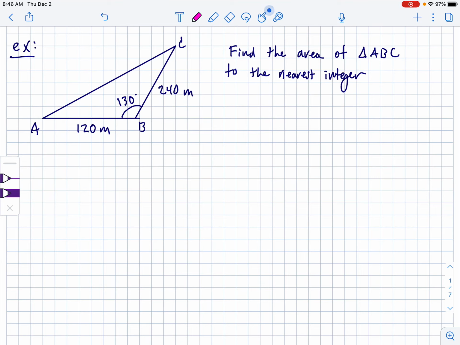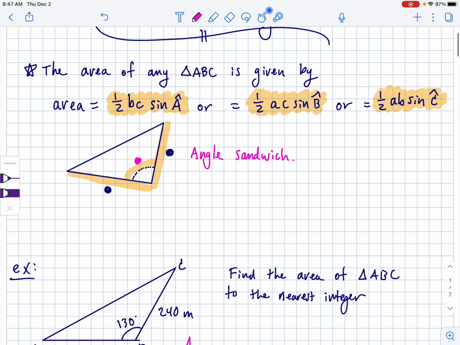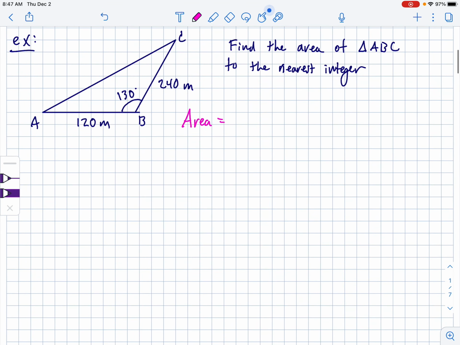This one's pretty simple. You got the angle sandwich. You got all the numbers, so to find the area of triangle ABC, we're going to say the area equals, what is it again? 1/2 BC sine A. So it starts with 1/2, and then the sides multiplied, and then the sine of the angle between them.